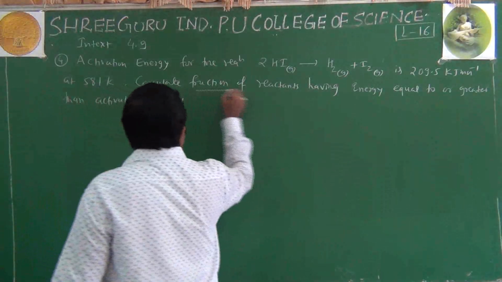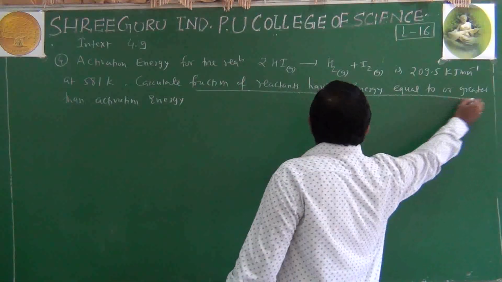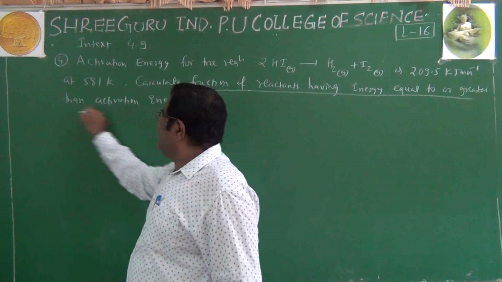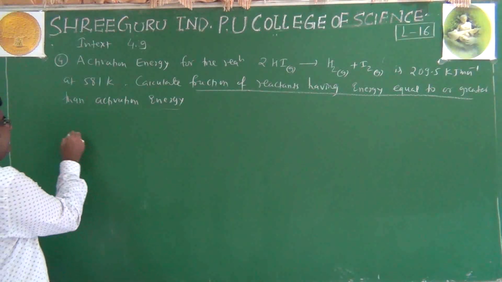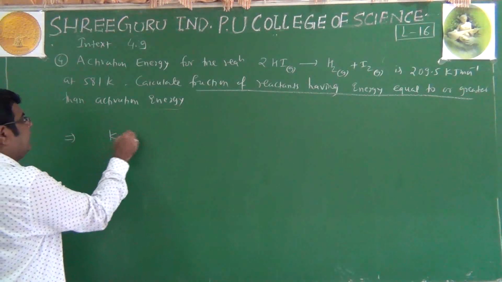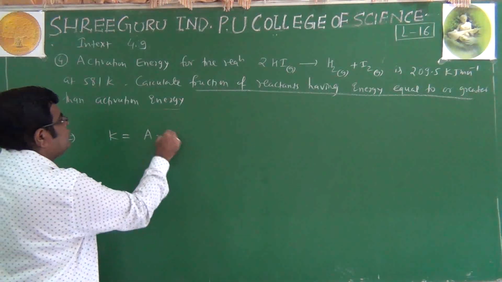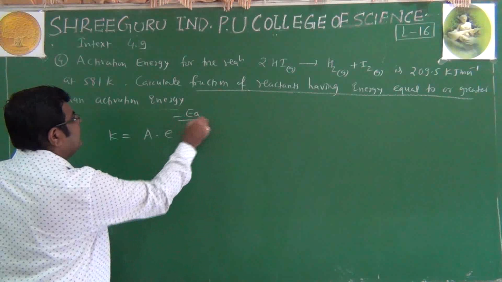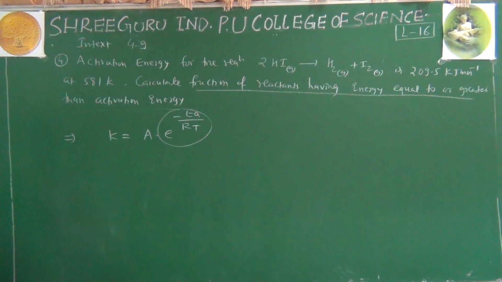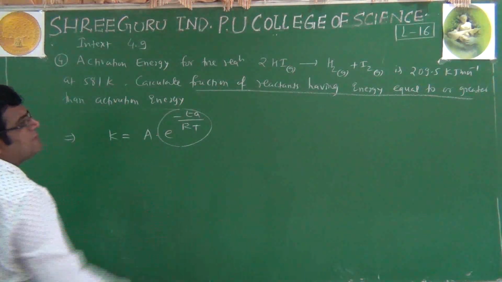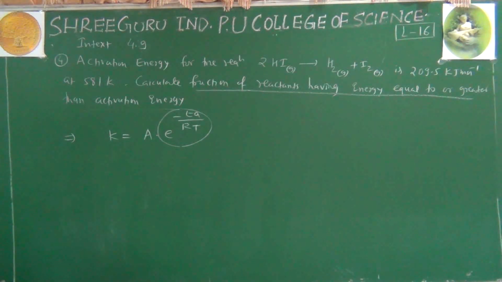Now we know that the fraction of reactants having energy equal to or greater than activation energy, this term is present in the Arrhenius equation. K is equal to A into e raised to minus EA by RT. This is the term for the fraction of reactants having energy equal to or greater than the activation energy.